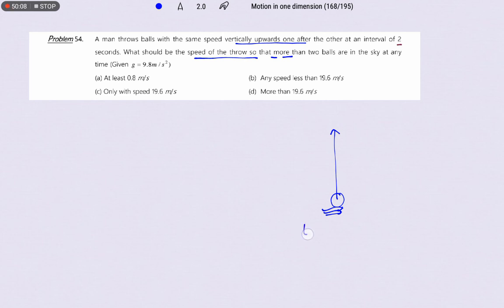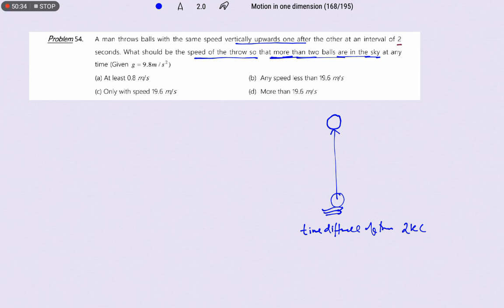So time difference of throw is 2 seconds. So after each 2 seconds he is throwing the ball, but what is his aim? He has to maintain more than two balls in the sky at any instant of time.